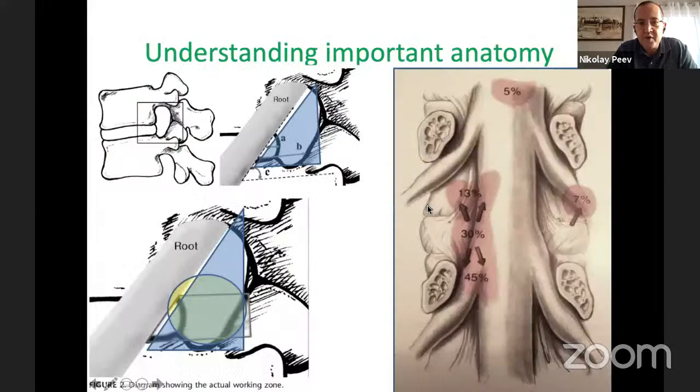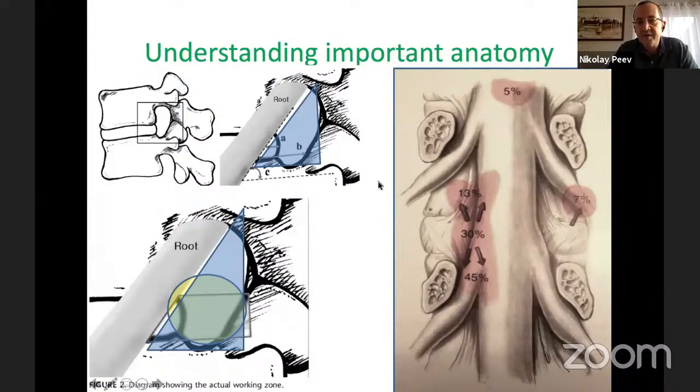So if we go further, we have to comment on the so-called Cambin's triangle, which is the area that was described by Prof. Cambin nearly 30 years ago now. And this is the working area where you will find your disc herniations and where you will work.